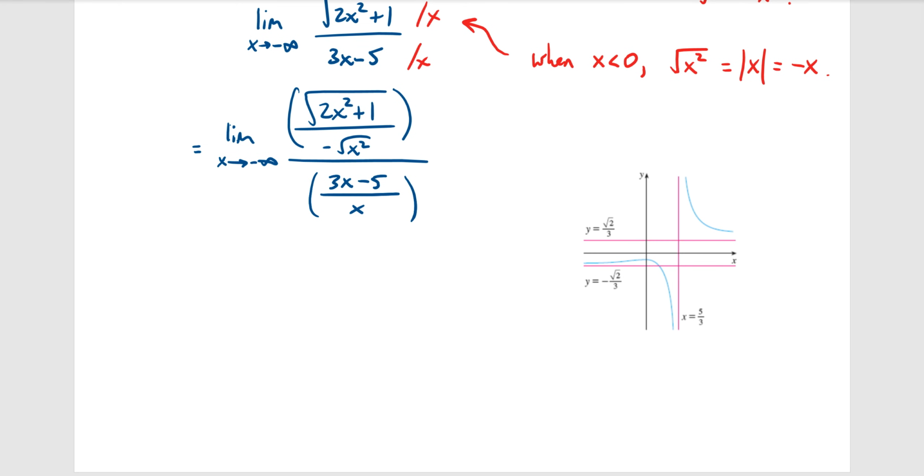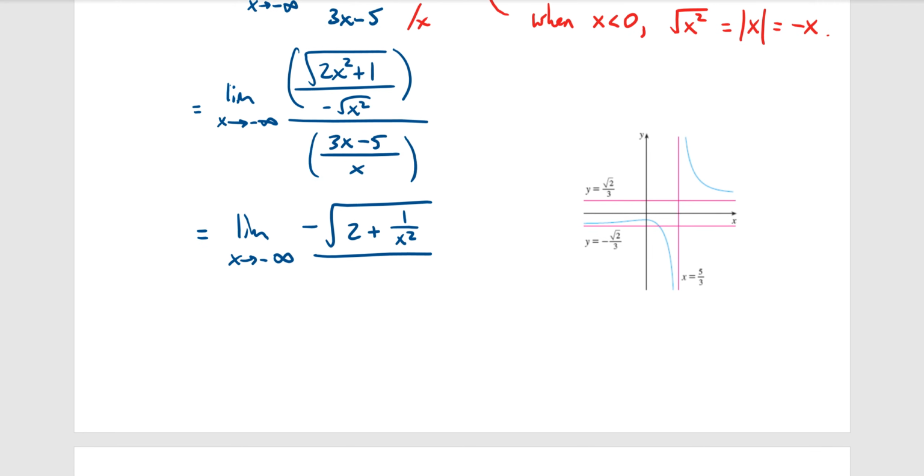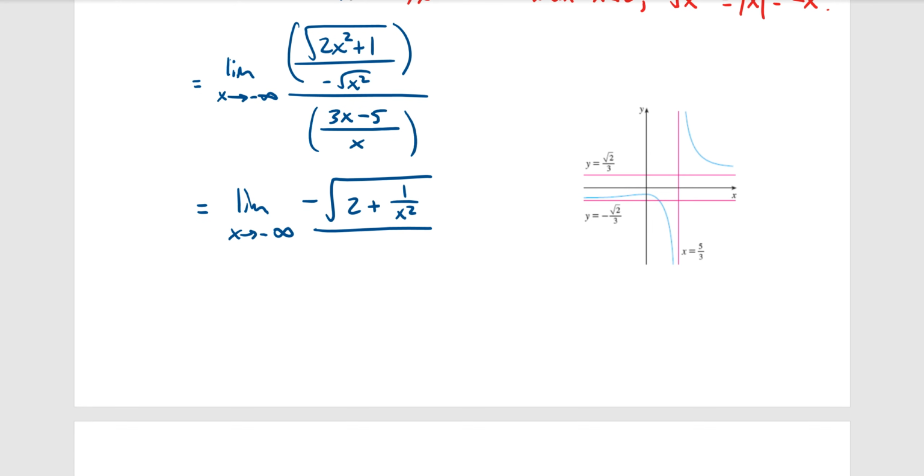Okay, so I'm going to go a little bit faster for this little part here. That's going to be the limit as x goes to negative infinity. That numerator ends up being the same thing, except it's going to be negative. So we get negative square root of 2 plus 1 over x squared. Once again, same thing that we just did in the other one, so that's why I skipped writing it out.